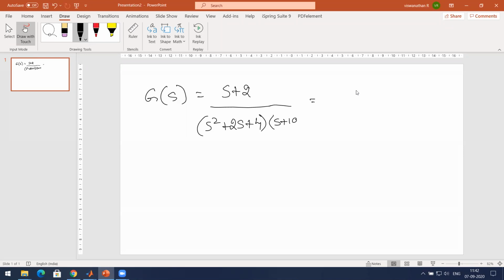I wanted to make it a second order system: s plus 2 divided by, I write only this term, s square plus 2s plus 4. Now I want to make this equal, but we saw that it's not equal. We looked at the step response of these two and it was not matching.